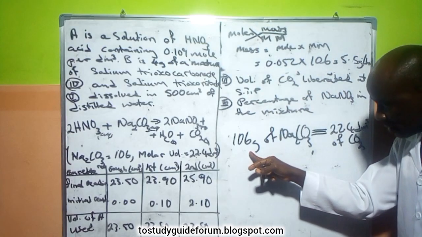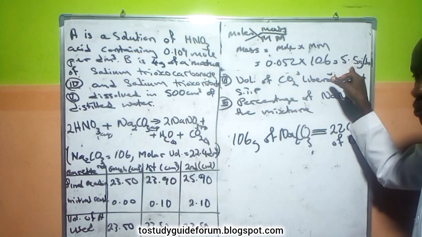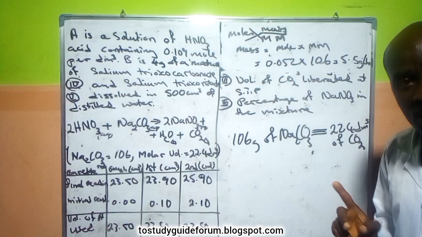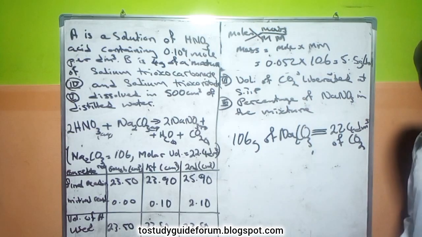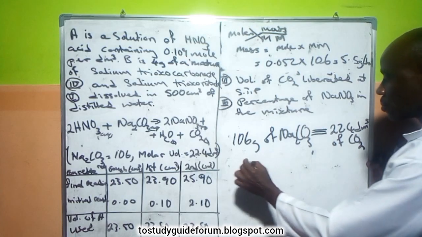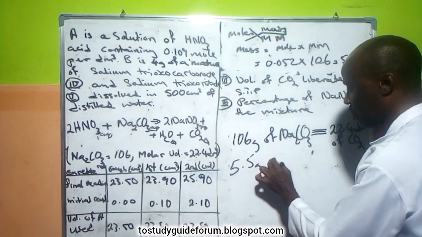Now this is mass to volume. Now the mass we are looking for is, we want to know the volume of carbon 4 that will be liberated if 5.5 grams of this sodium trioxocarbonate is used. So what we have, 5.5 grams of what?